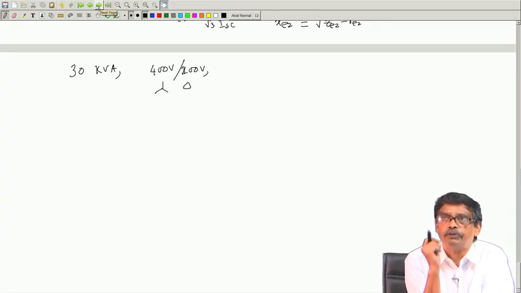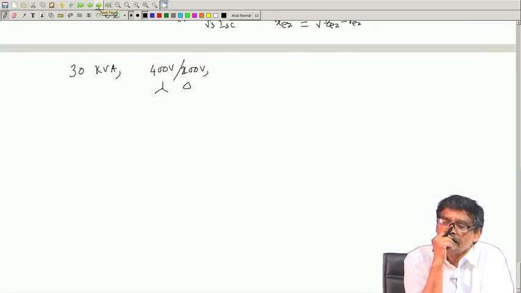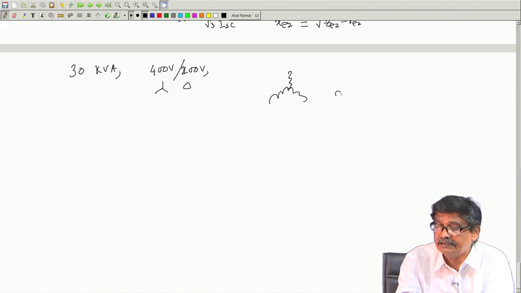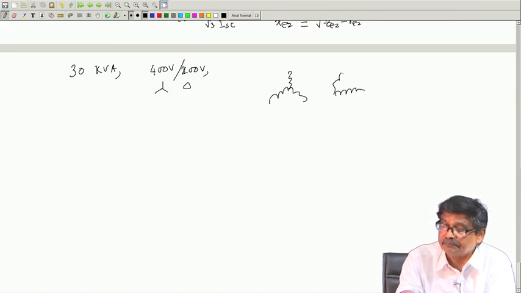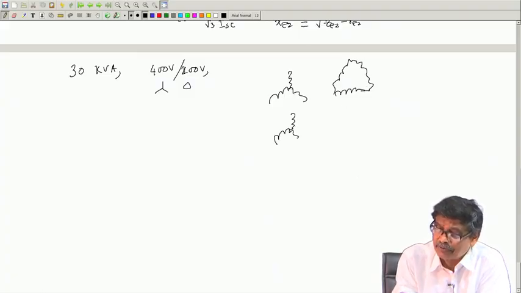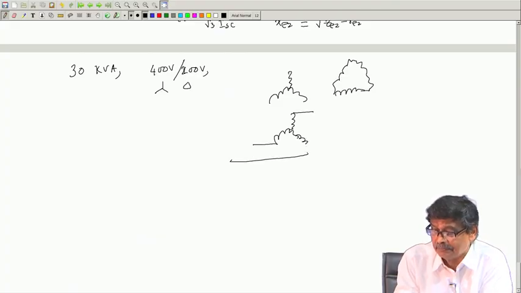Listen to me carefully what I am telling. The transformer is now star on one side and this side is delta. I can always imagine that, so far as measurement is concerned, it does not matter.